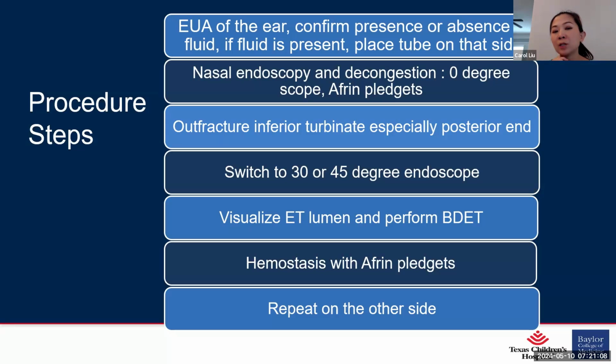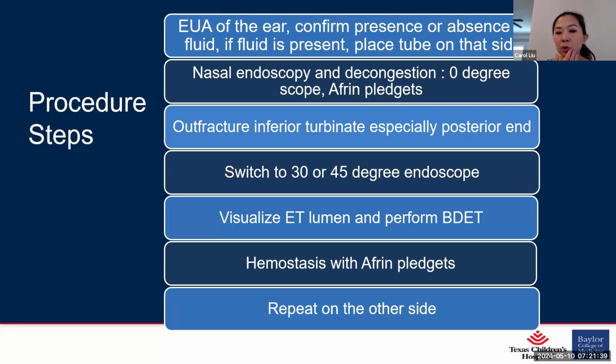So this went back to our earlier data on the histology change of the turbinate mucosal change even with balloon dilation. At this point at TCH, we switched to doing balloon dilation inferior turbinate outfracture. It creates a fairly bloodless field and still achieves the same desired effect as turbinate reduction or coblation.